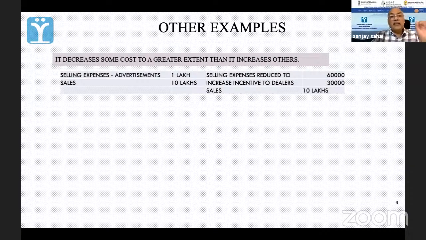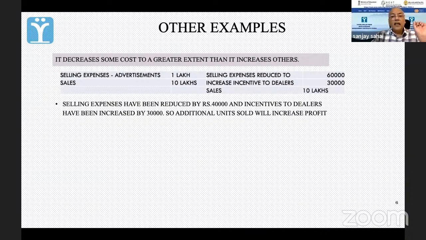So basically this has resulted in a reduction in cost of 10,000. Overall, if you compare these two, what you see is that costs have been reduced by 10,000. So this is the point to look at here.